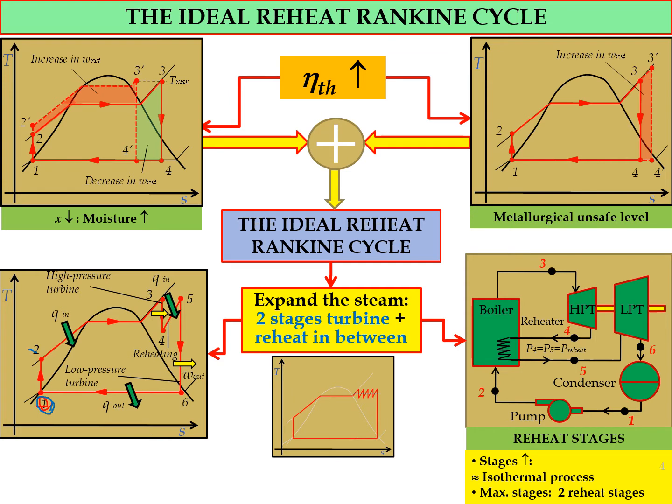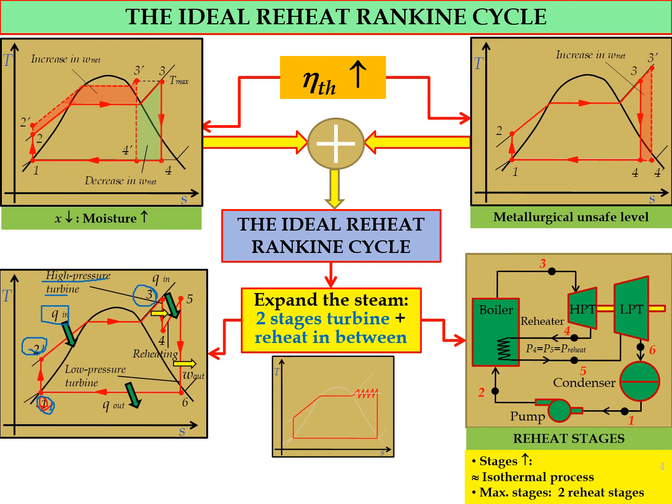From 1 to 2 is the isentropic compression process by the pump, and then process 2 to 3 is the constant pressure heat addition process. We have a Q in here, and state 3 is the inlet temperature and pressure of the high pressure turbine, HPT.